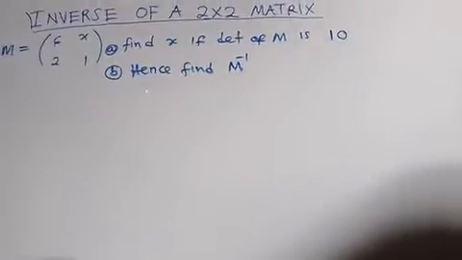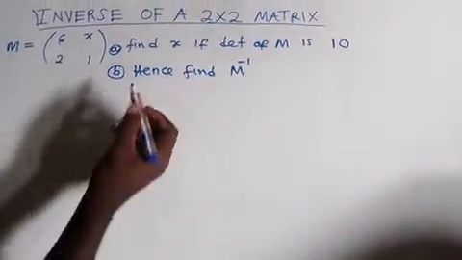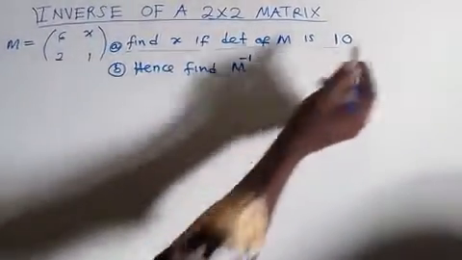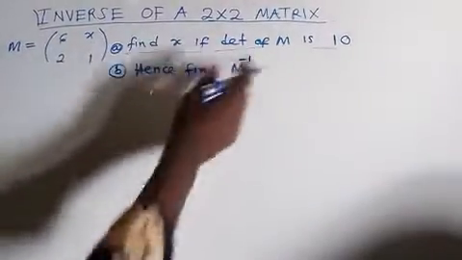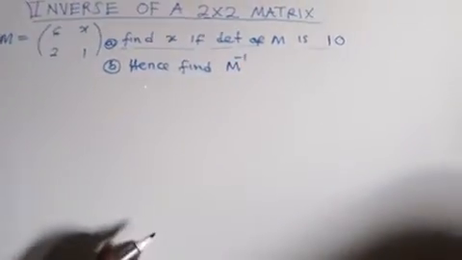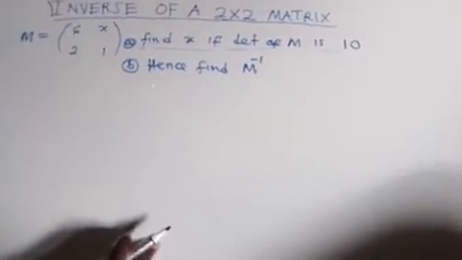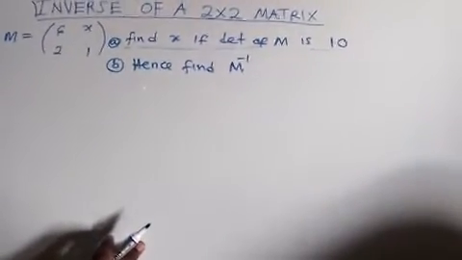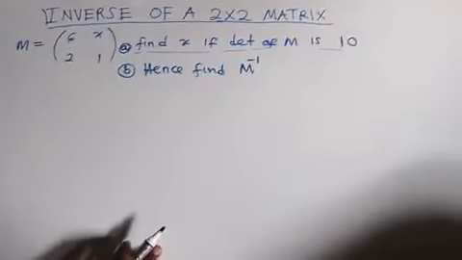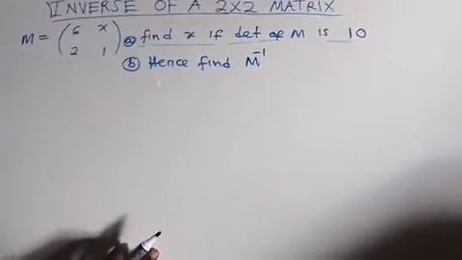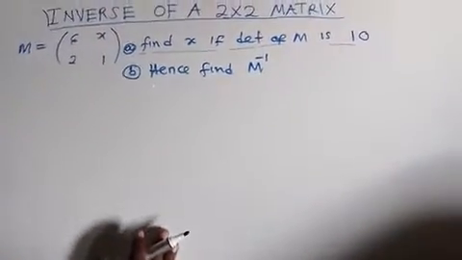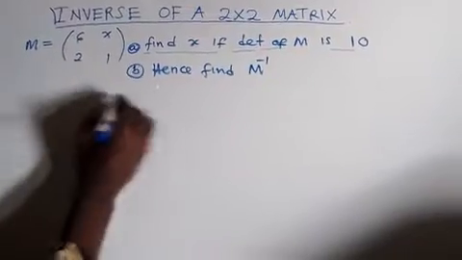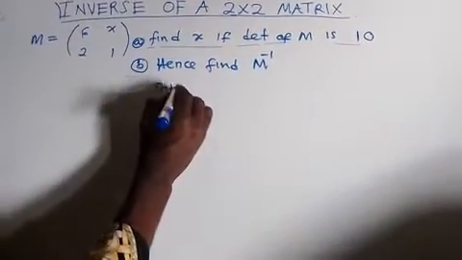I believe I explained this part when I was starting. This is using the determinant to find a given missing value. So now what we are going to do here is that we are going to do what? We are going to say A. So solutions.